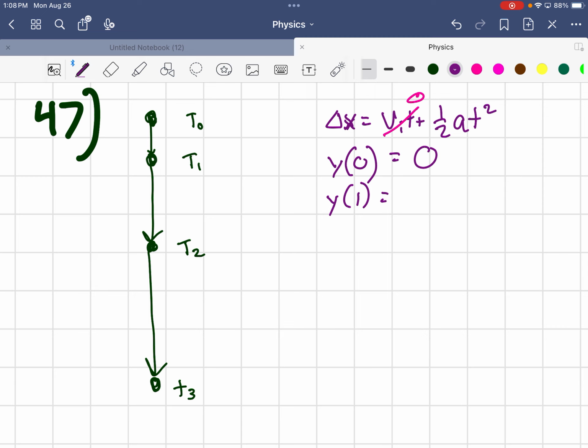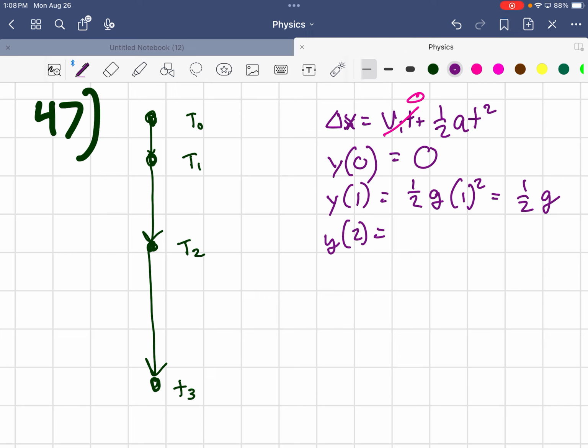So now things get a little more interesting. So we're at 1/2 g. What's our time? 1 squared, which we can simplify to 1/2 g. Are we good with that? Okay, let's just do 2, because why not?